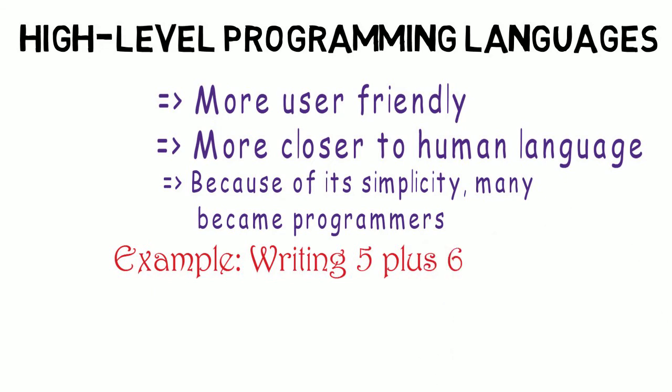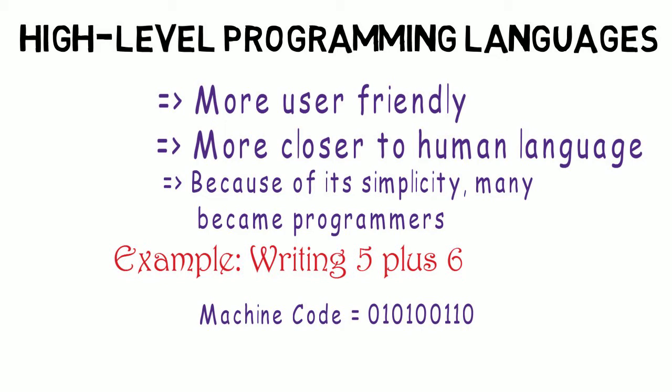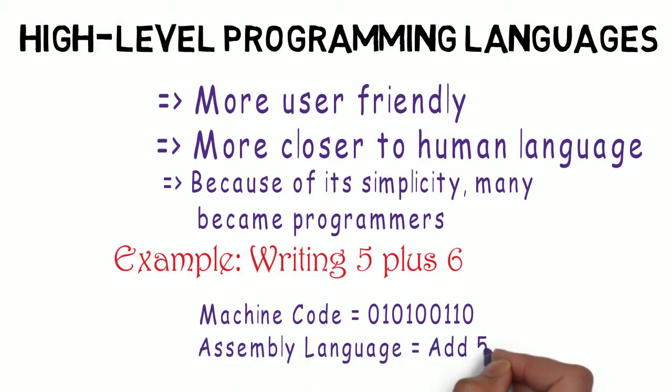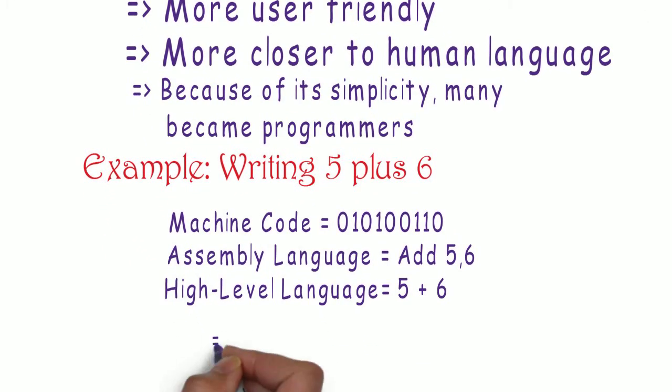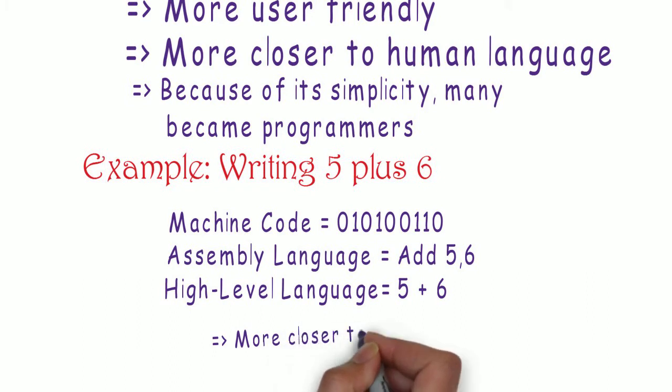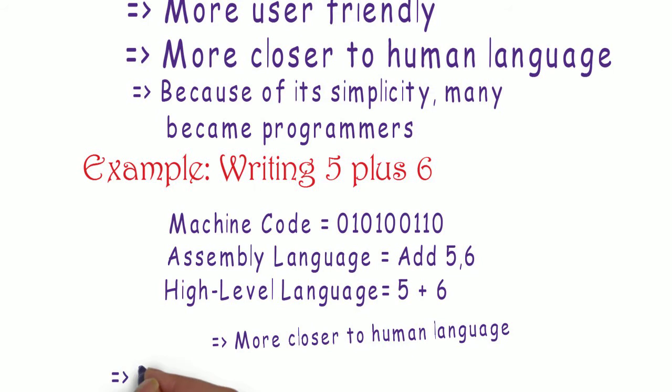If you want to write 5 plus 6, for example, in the high-level language, now tracing it from the machine code, it will look like 01000100. In the assembly code, it will be add 5, 6. In the high-level language, it will look like add 5 plus 6, which is more understandable than the low-level code.